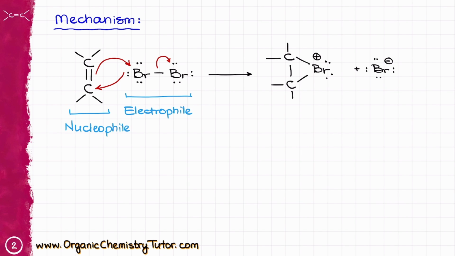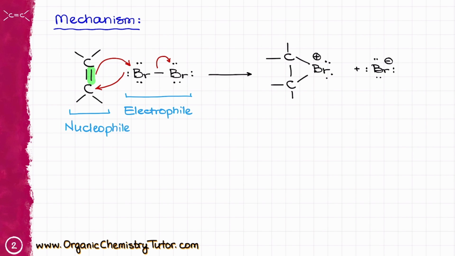I know it feels a little bit weird to have a plus charge on a halogen like bromine, but that's the way this mechanism works, so we're going to roll with that. Now, the important thing here is to recognize where exactly all of our electrons are. So let's make a very careful analysis of everything that's going on there. The electrons of the double bond, I will highlight those in green.